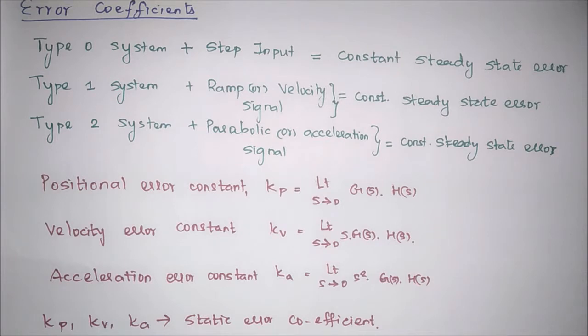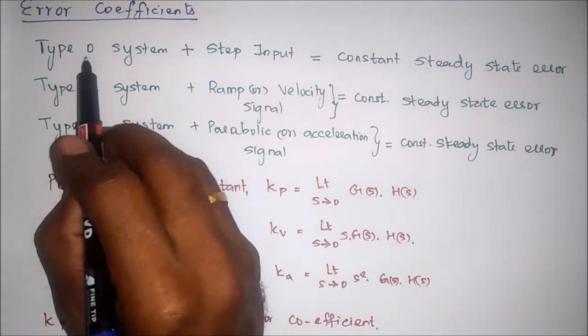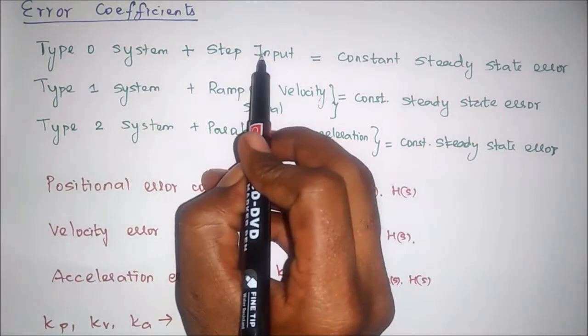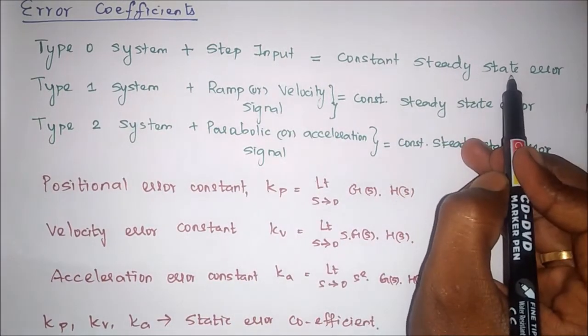Suppose for any type of system with one standard input signal, we get a constant value of steady state error. That is the error coefficient for that particular type of system. For example, for type 0, for step input we will get the constant steady state error.